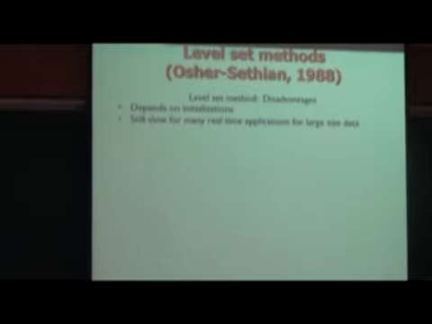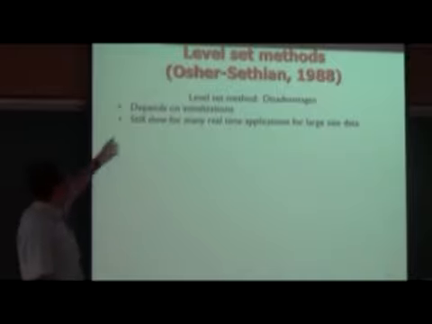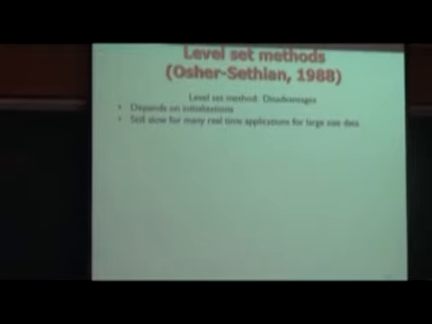If you start with another initialization, you may get another segmentation. So this is one of the problems. It is also still very slow for real-time application on larger size data. If the data is 3D and very, very large, level set is still slow, so you want to get it better for this.